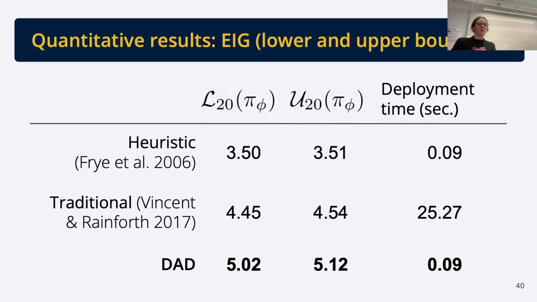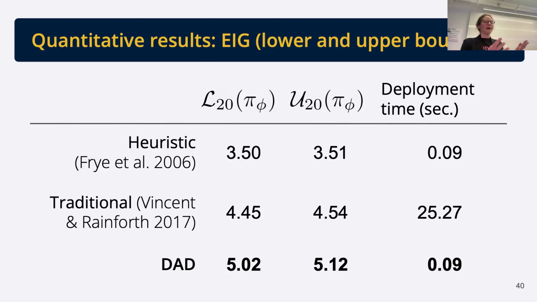Here I have quantitative results for this experiment where we're comparing to two other approaches that have been specifically tailored for this model. The first one is a heuristic approach that is more or less based on some form of a decision tree, right? So, you know, if you answer the first question in this way, then you should ask that other question.